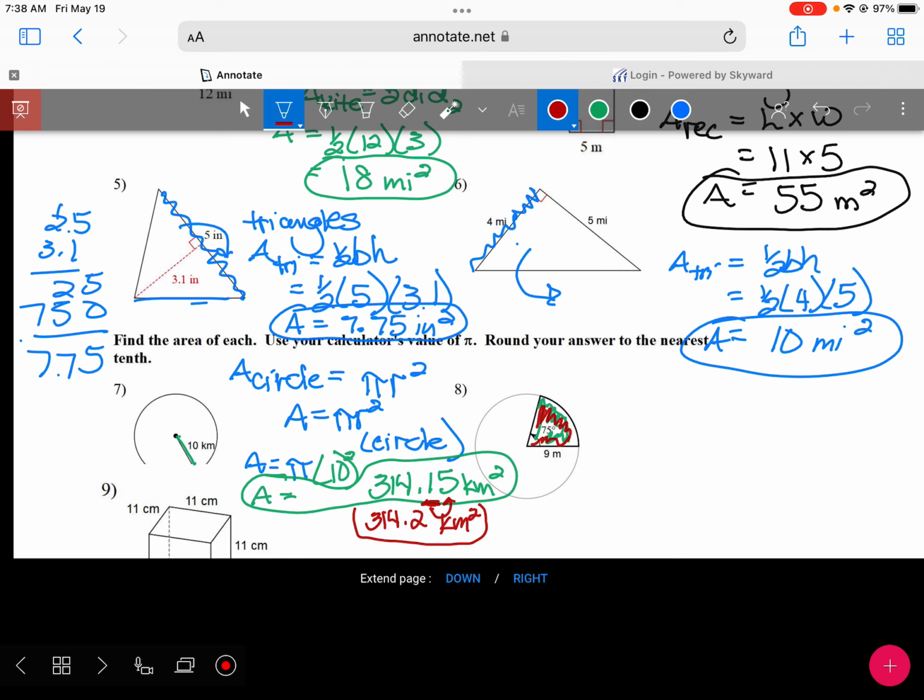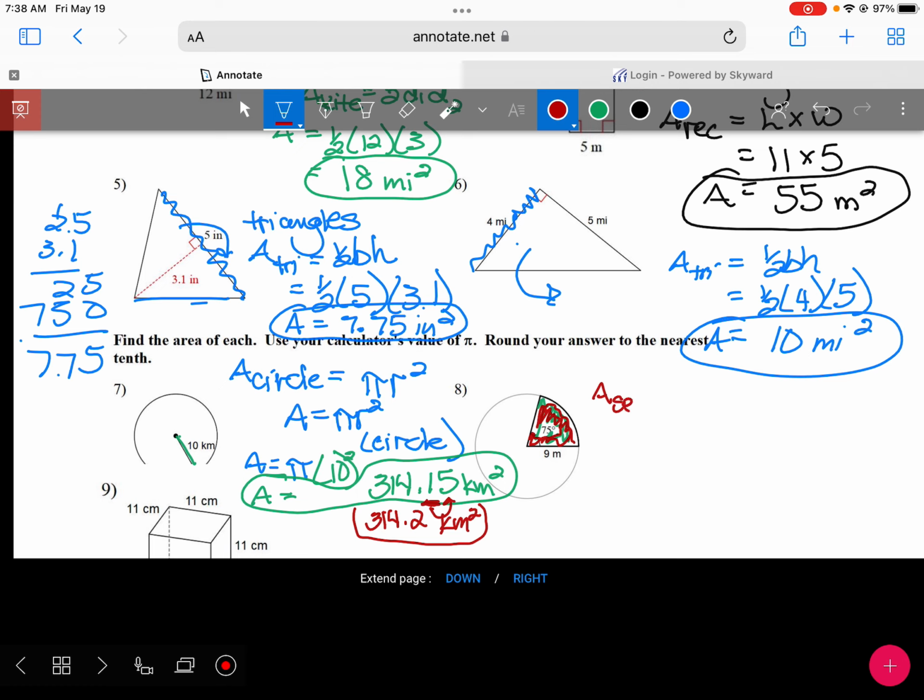All right, what do we call this green-red area right here of the circle? It looks like a slice of pizza or a slice of pie. Sector, yes, area of a sector. Remember, slice, sector.